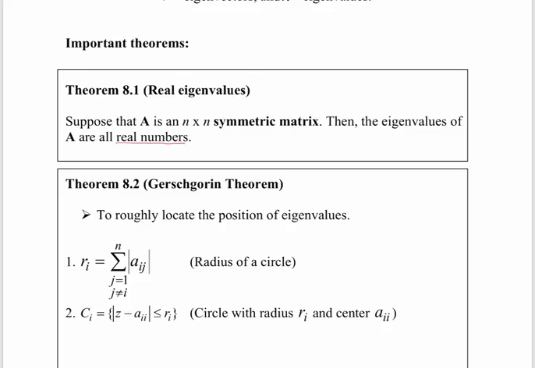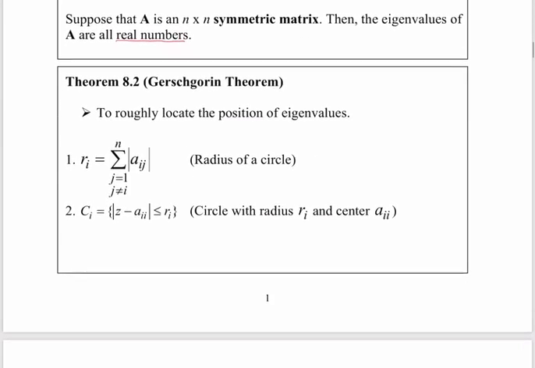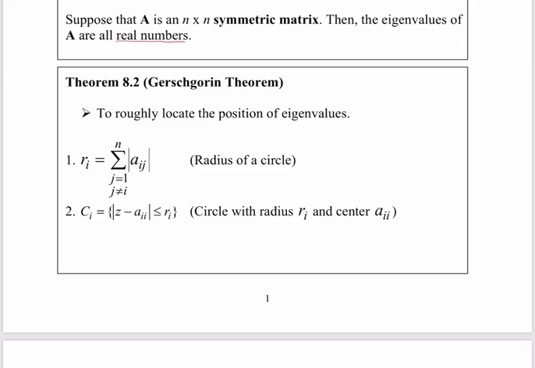So for the Gershgorin theorem, the purpose of this theorem is to roughly locate the position of our eigenvalues. The first thing we need to do is find the radius of a circle that is defined by the formula number 1 here.